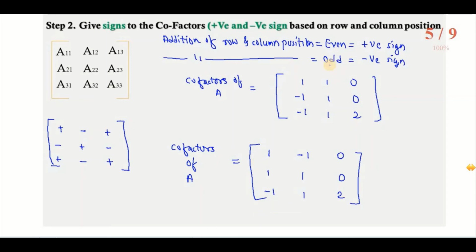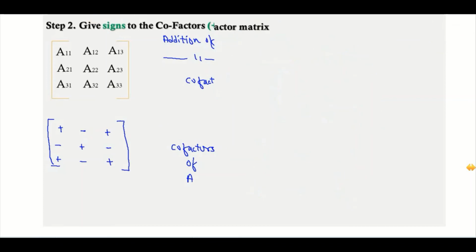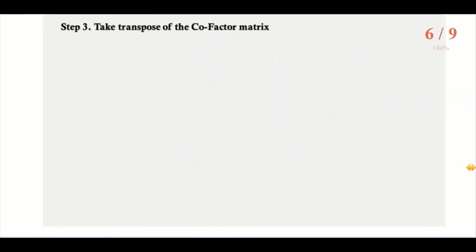Are you getting it? So this cofactor we get from the row and column interaction, right? And this cofactor we get when we give the sign by following the second step. So now the third step: we have to take the transpose of the cofactor matrix.